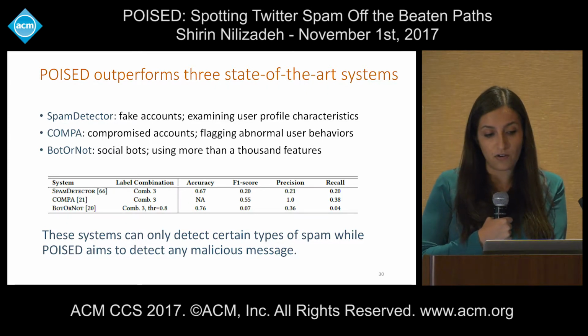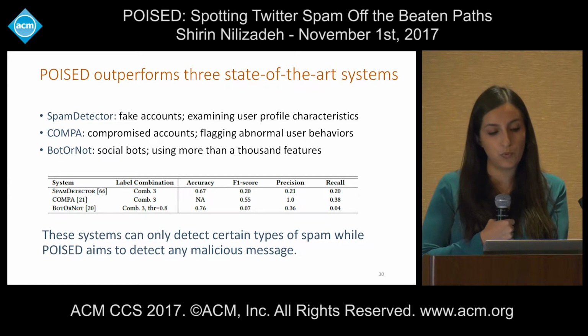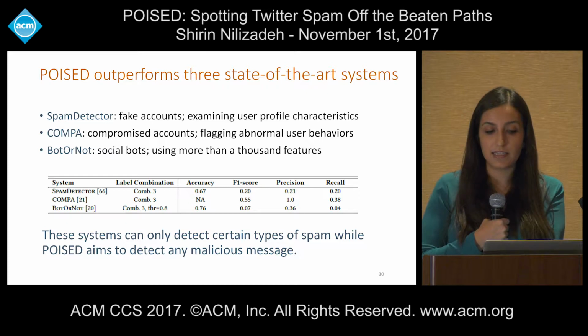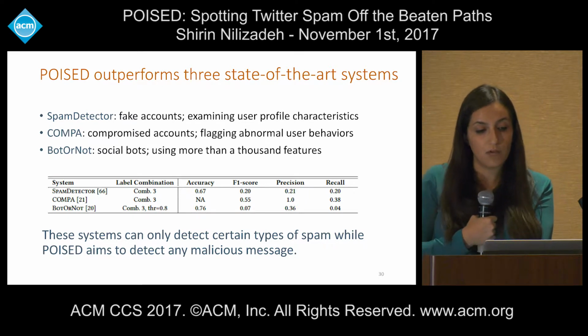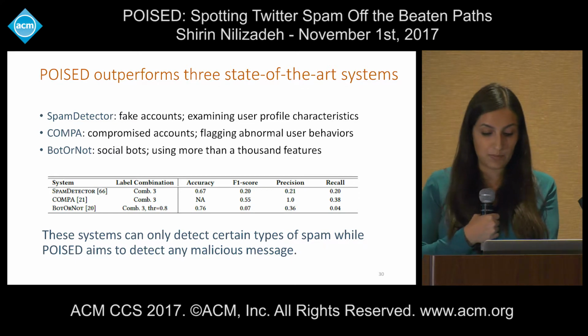And as you can see, all these systems are performing poorly. They cannot detect spam accounts. And the reason is that these systems can only detect certain types of spam. They're trying to detect only fake accounts or compromised accounts or bots, while Poise aims to detect any malicious message.